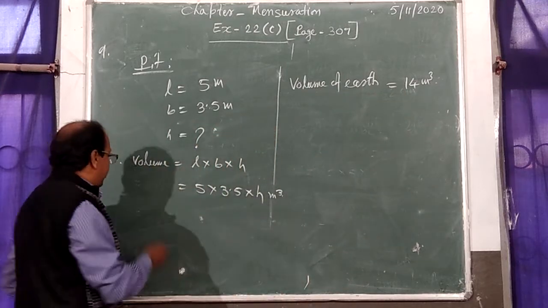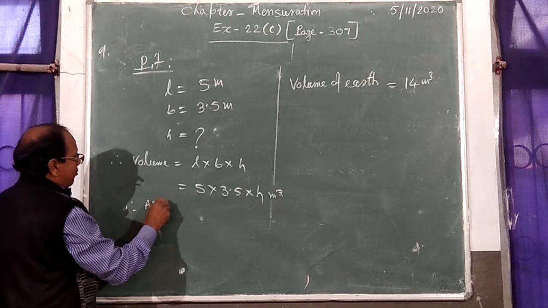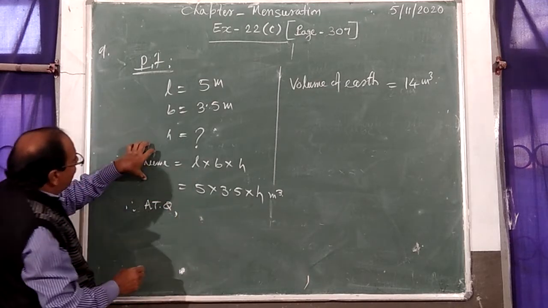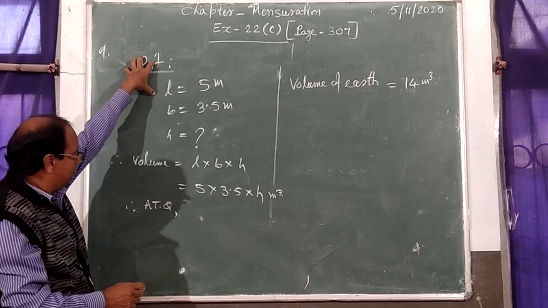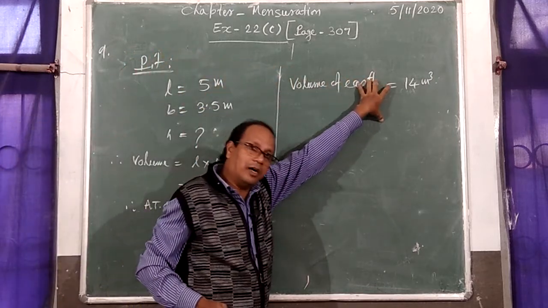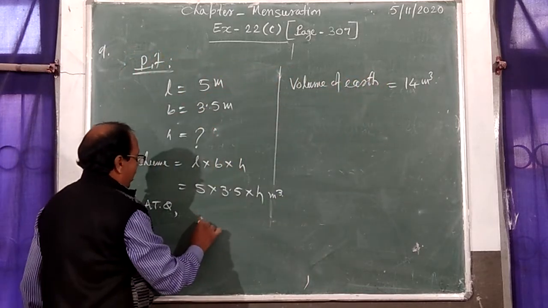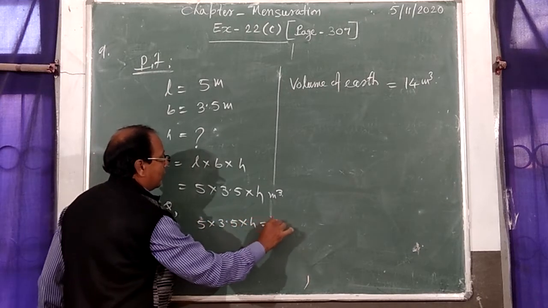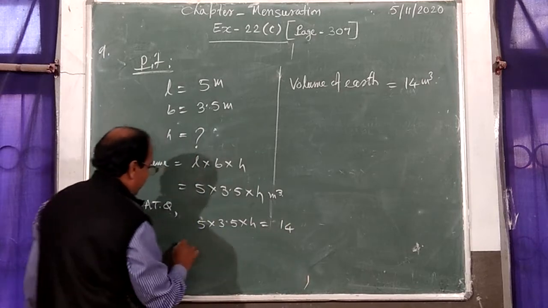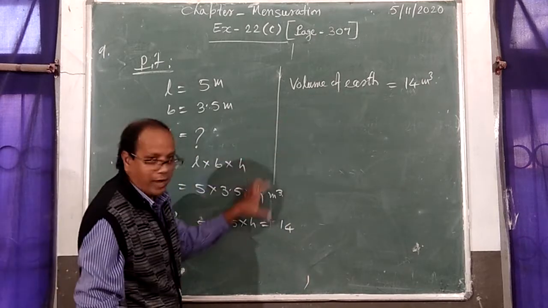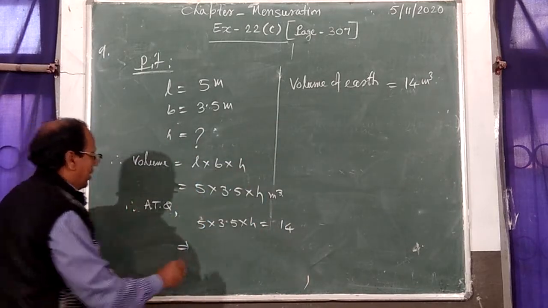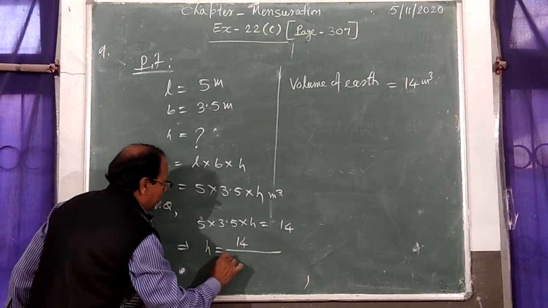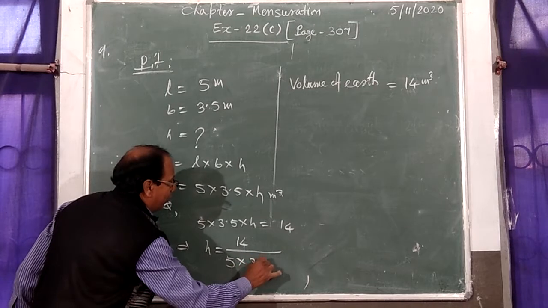So according to the question, the volume of this pit is equal to the volume of the earth. So 5 into 3.5 into h equals 14, no need to write meter cube because it is already cancelled. So h is equal to 14 upon 5 into 3.5.